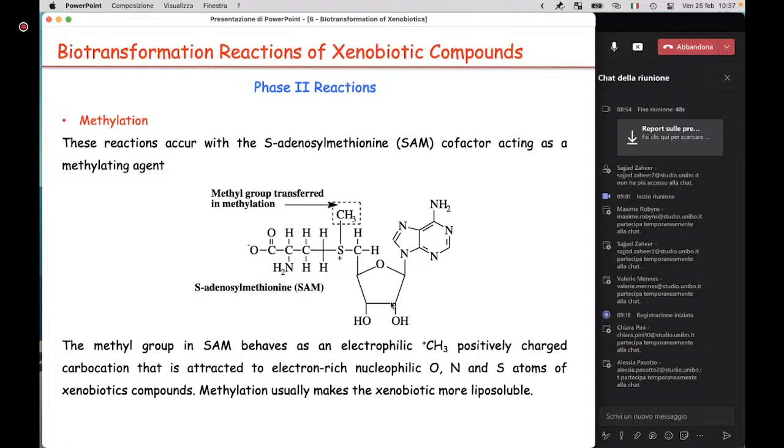In this case, the full molecule is known as S-adenosyl methionine. This is methionine, which is an amino acid, here, acid and amine group. This is methionine with a methyl on the sulfur atom, so this is the methyl group transferred, and again on the sulfur we have an adenosine, so S-adenosyl methionine.